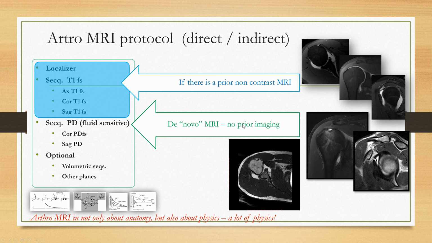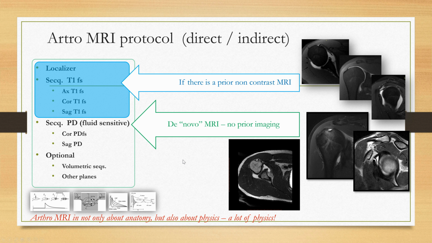But because sometimes we do not have a previous MRI, and because we could miss some pathology, we use some other sequences, and these sequences are fluid sensitive.